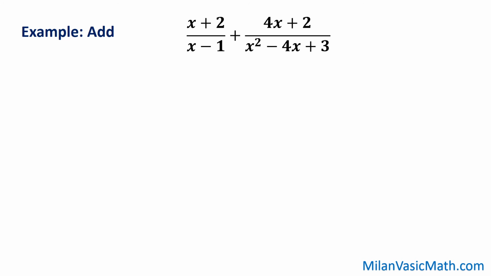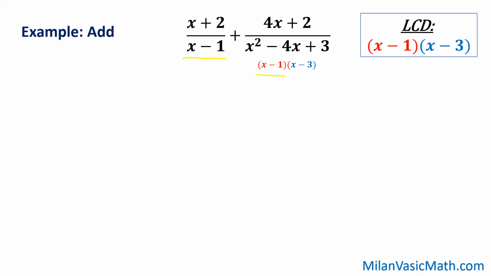So now two numbers that multiply to give me 3 and add up to -4 are -1 and -3. And because I have an x minus 1 already here, and there's one here, both denominators just need an x minus 1 times x minus 3.